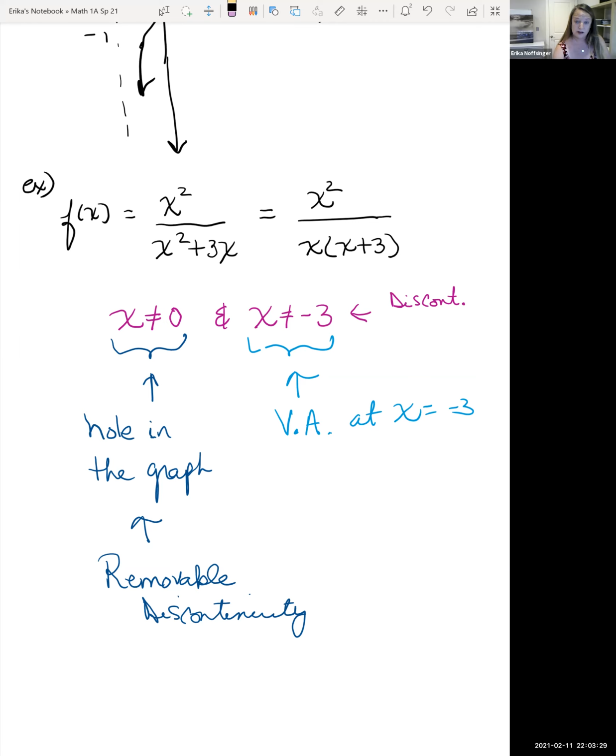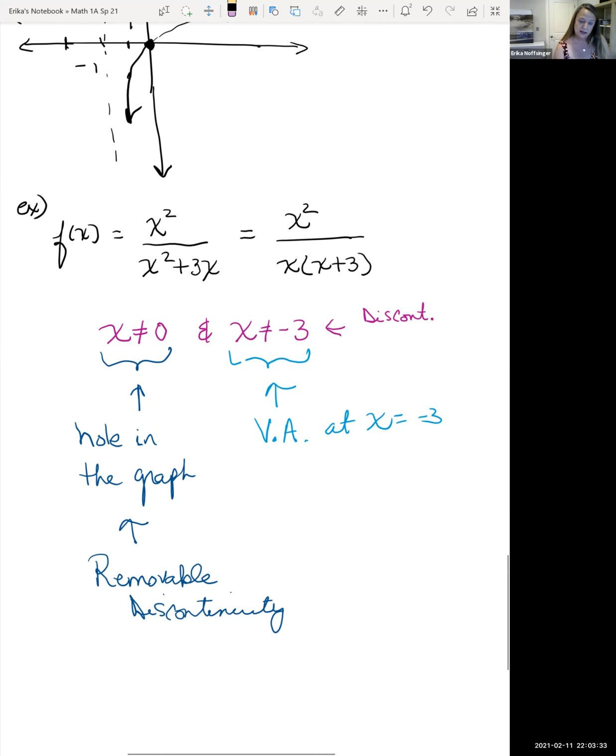So if you really wanted to figure out what that point would be, simplify your like factors in the numerator and denominator. So notice if we do that, one x would cancel in the denominator, and would cancel one of them in the numerator. I could rewrite this as x all over x plus 3.